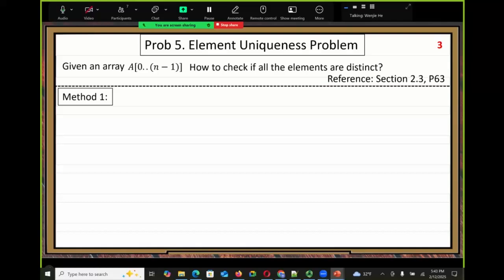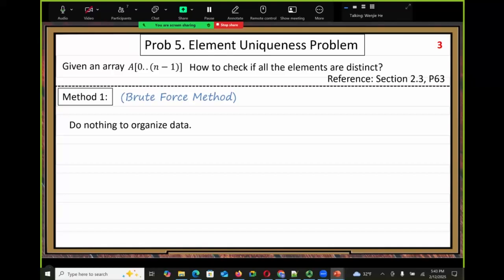All right. So the first method, let's try the brute force method to solve this problem. At the same time, we can understand the brute force method better. When we do the brute force method here, we do nothing to organize data.